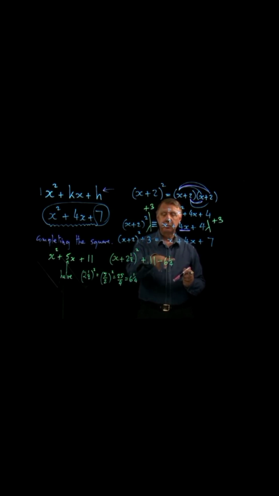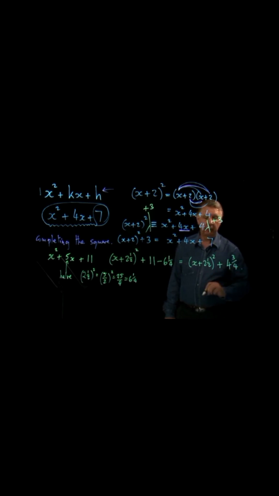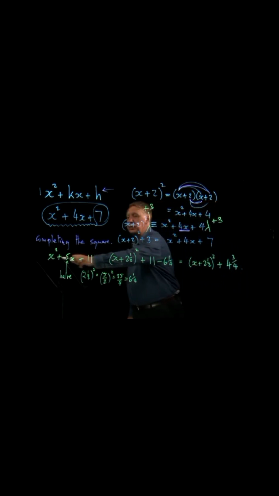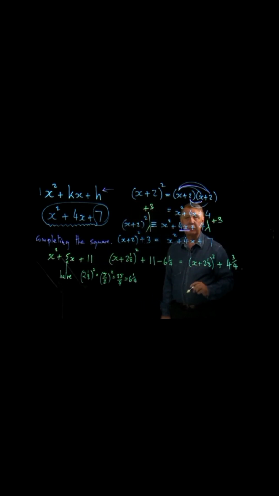Take it away. So the final answer, 11 take away 6.25 is plus 4.75. Okay, so I've managed then to take my quadratic function and I have completed the square.